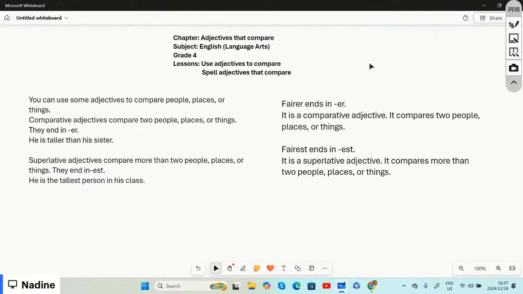All right, so before we even compare adjectives, an adjective describes or tells us more about the noun.